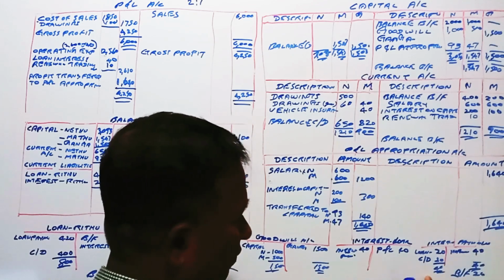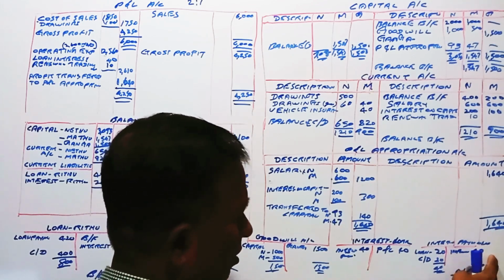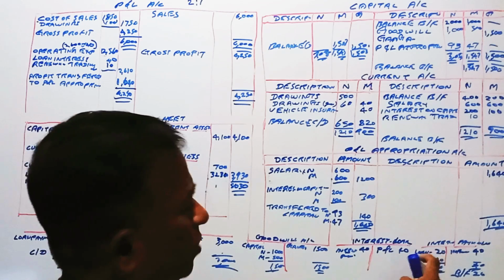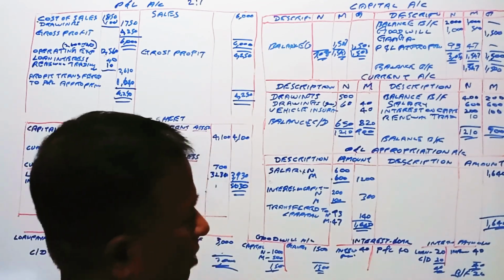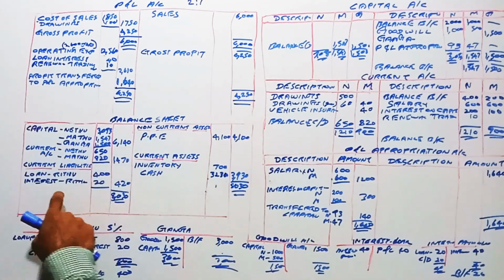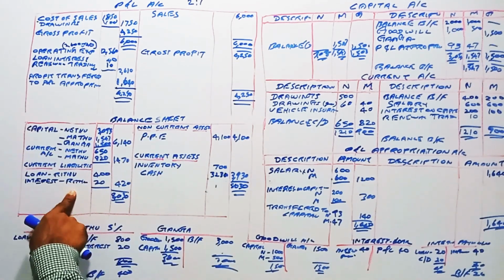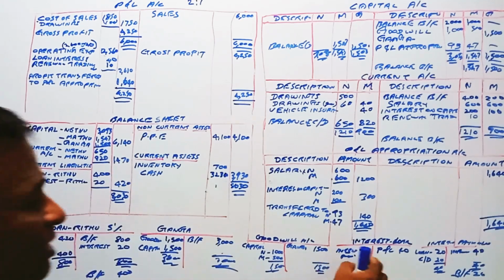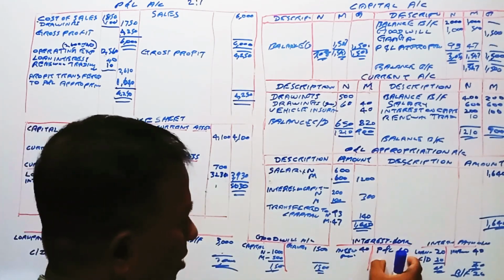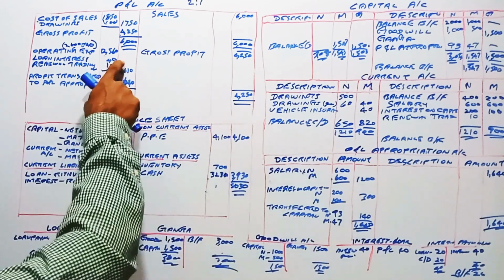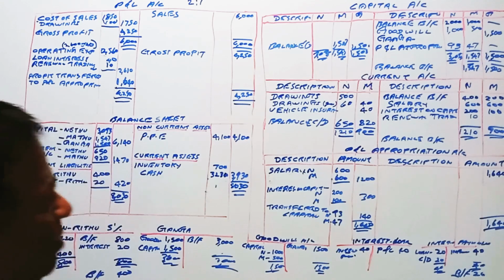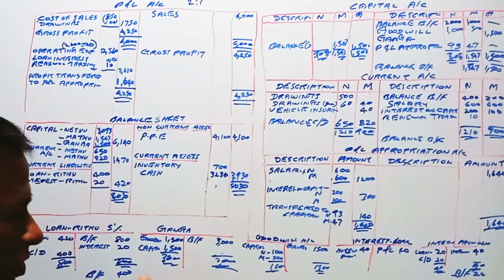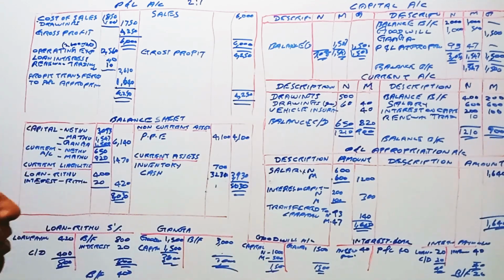So here the difference is 20,000. 40,000 we have to pay, 20,000 already paid with the loan amount, then balance will be the 20 we have shown in the balance sheet under the current liabilities, right? Interest portion 40 transferred to the profit and loss account, interest 40, right? That is another adjustment which you have to look into, because that has so many inputs there, right?